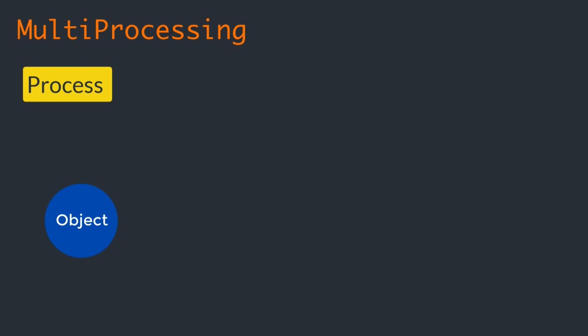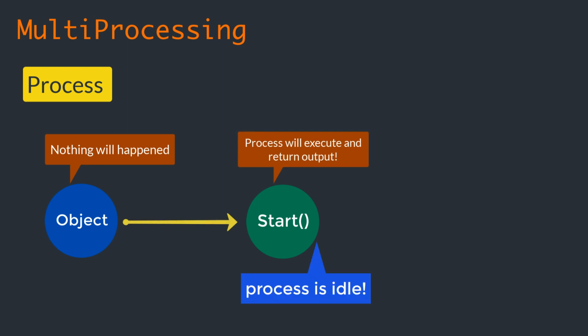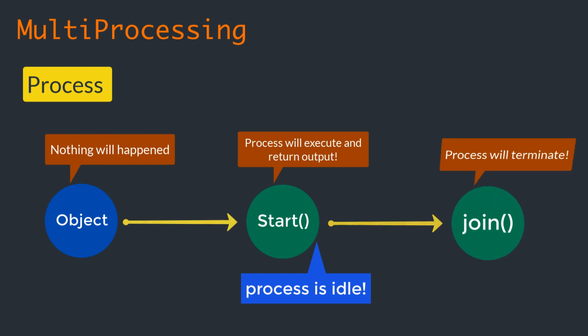But at this stage, nothing will happen until we tell it to start processing using its start function. At this stage, the process will execute and return its output. After that, the process will remain idle and won't terminate until we call its join function. Keep in mind that if you create many processes and don't terminate them, you may face a shortage of resources.